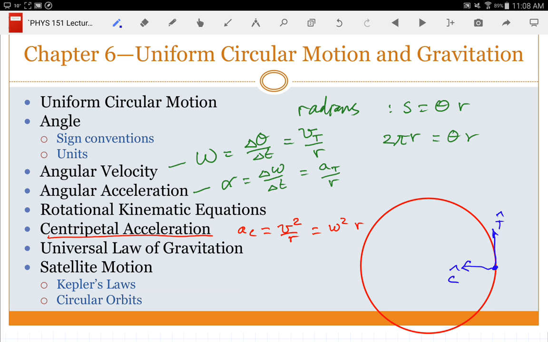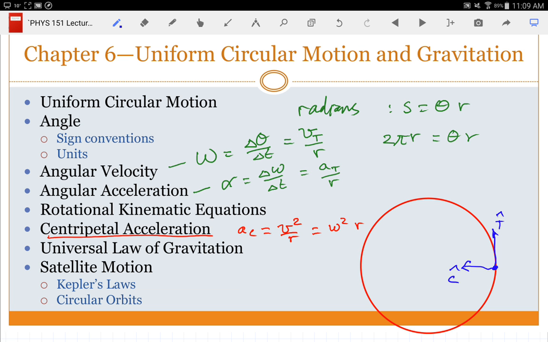It doesn't matter if you're on a banked track or a flat track, you're going to want one of your coordinate directions toward the center because that is the direction of acceleration. And now it gets a little bit thoughtful. If you're going around a circle, the direction toward the center is changing, and the direction tangential is changing. That's okay. In physics, we can deal with our directions changing as long as we define them carefully.